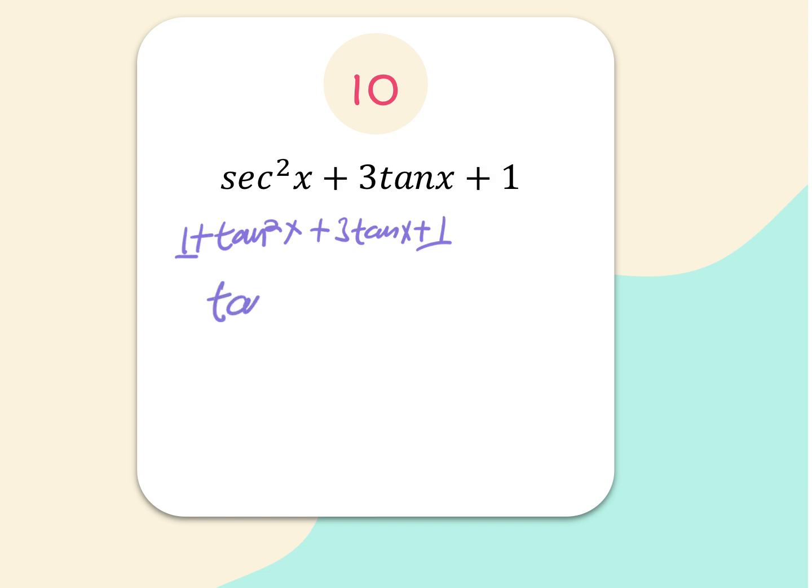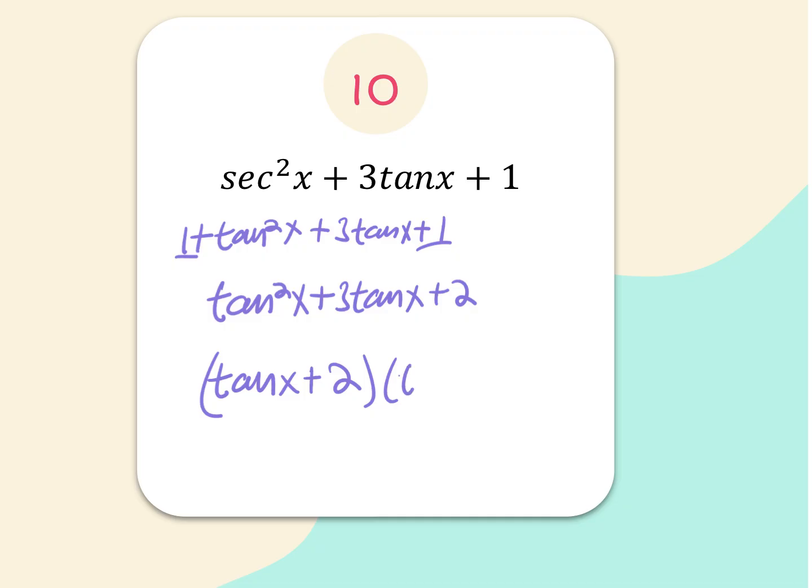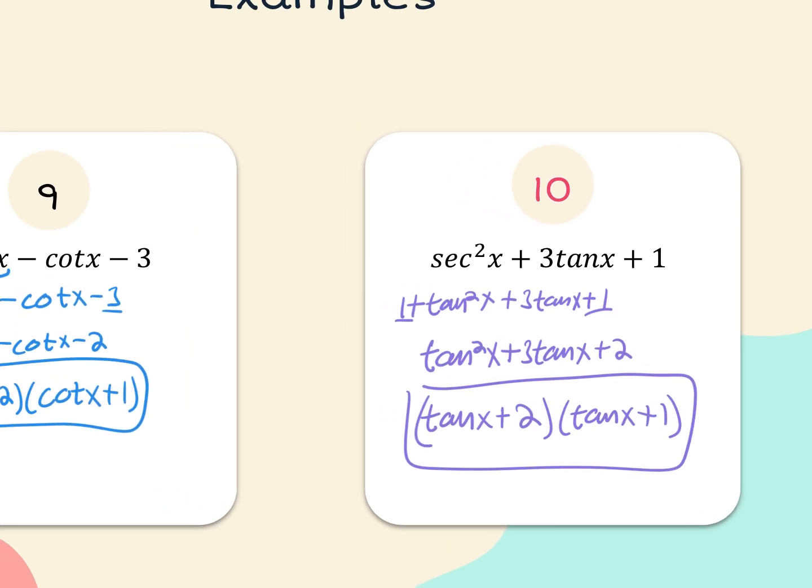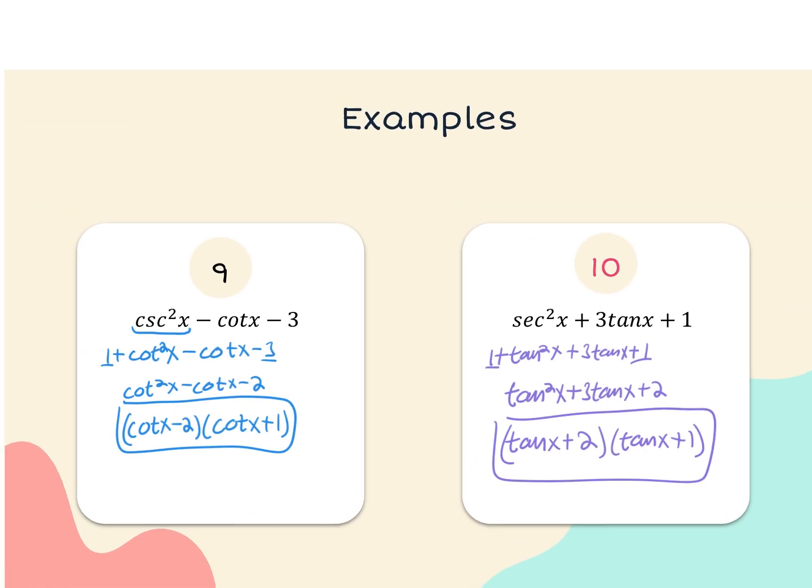So then we get tangent squared x plus 3 tangent of x plus 2. And then factors of 2 that add to 3 are just 2 and 1. So this is tangent of x plus 2, and then we get a tangent of x plus 1. And then that would be our final answer. There's nothing more we can do with those.